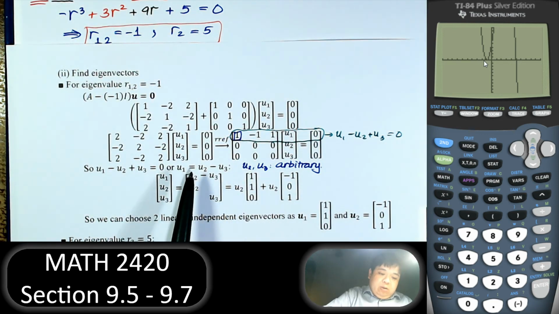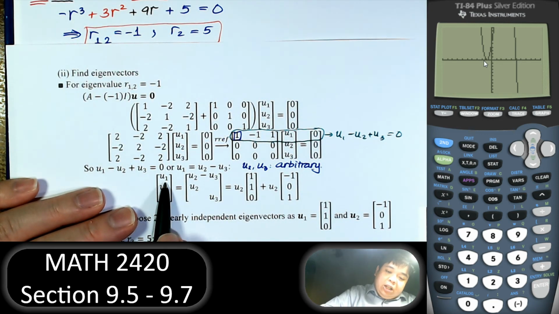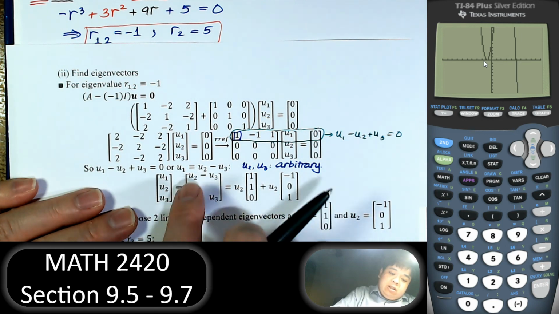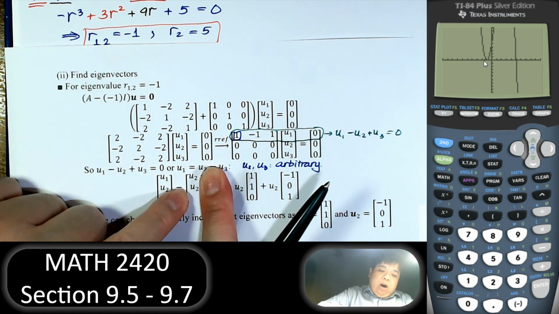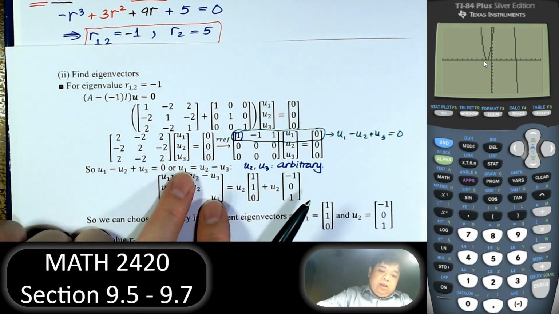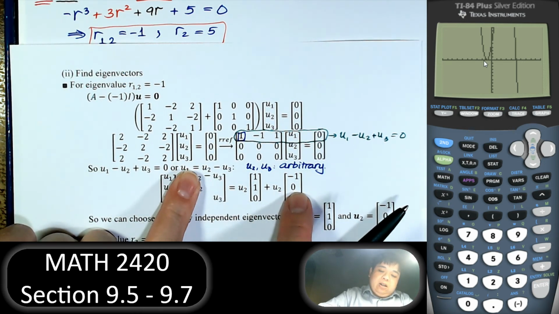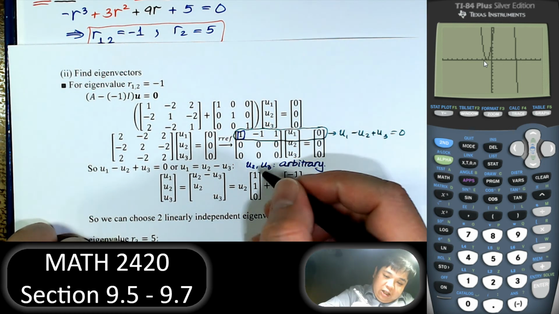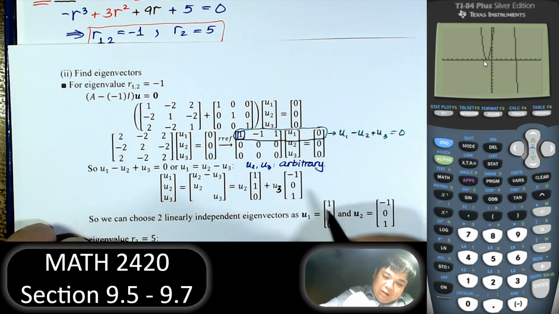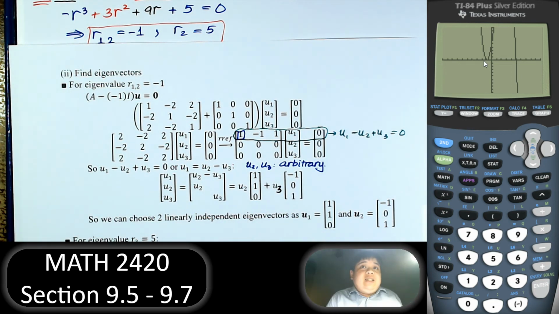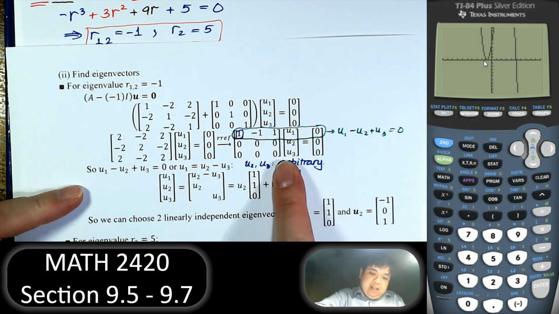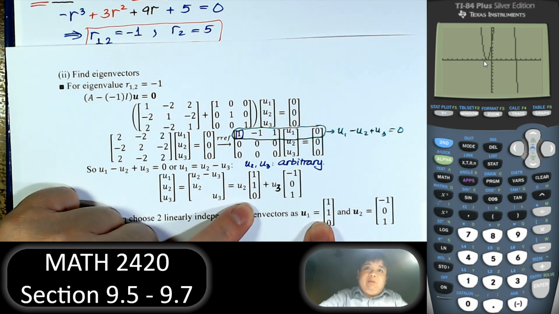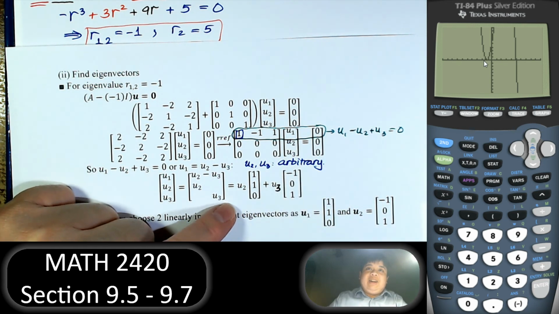Finally you can say u1 is equal to u2 minus u3, u2 is u2, u3 is u3. Split this out and factor out: 1, 1, 0 times u2 and negative 1, 0, 1 times u3. And that's easy.